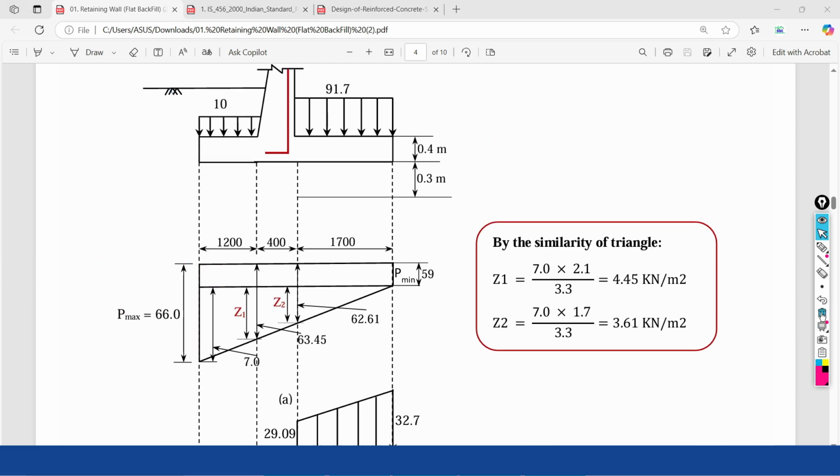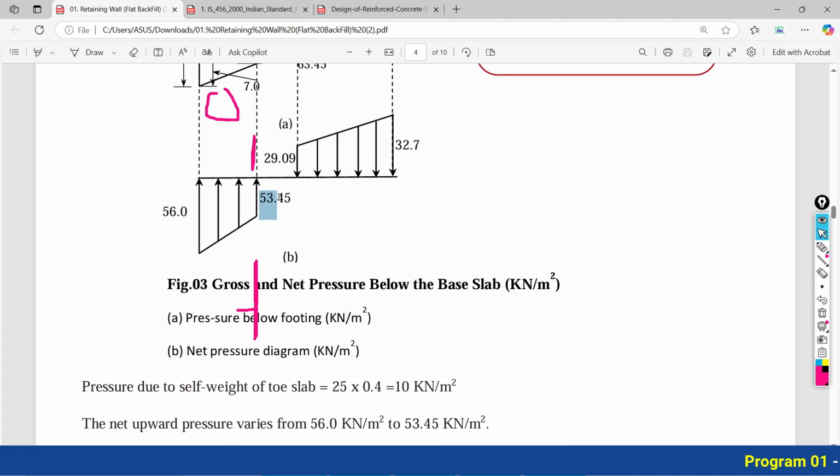Now the question is to calculate the pressure at this edge, at this point. How can you calculate it? If you get this total height, then you can subtract 10 from it and you will know the pressure. Here the pressure comes out to be 53.45.